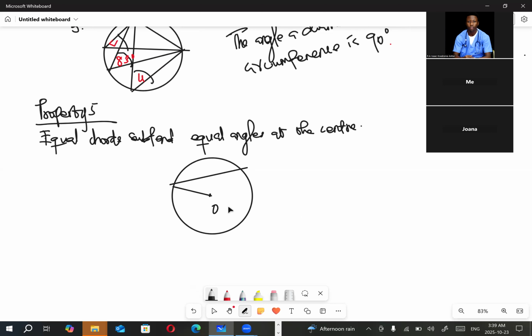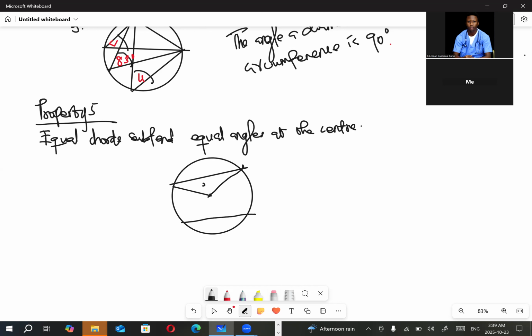This angle is raised at the center. Now we can have another chord right here. O is the center, by the way. So we can have another chord again. That chord can be made to raise an angle at the center. You get it?